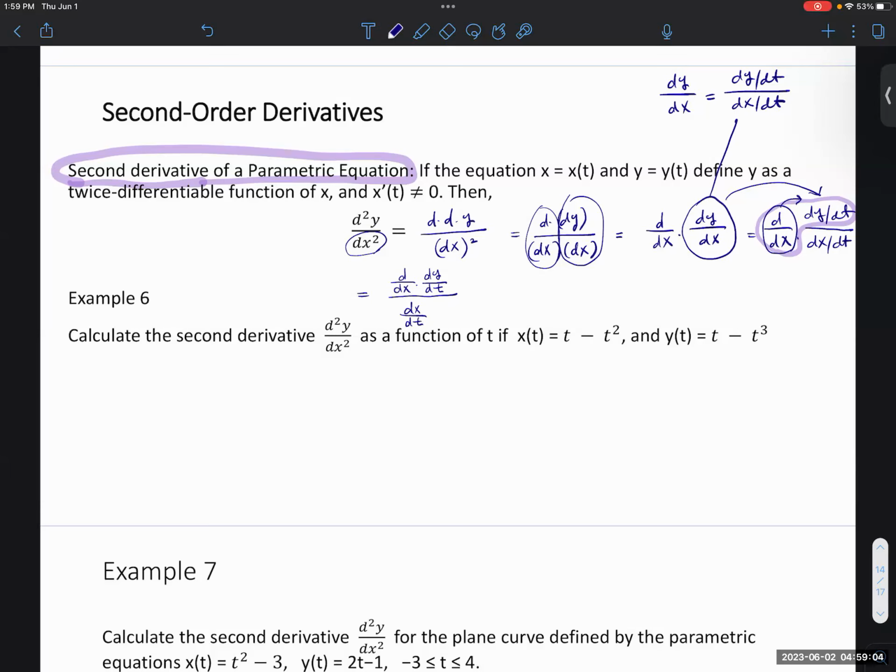Okay, so mathematically, what does it mean? You are taking the derivative of the x function, so this is x prime, and then this one, you take the y function derivative, and then you take one more derivative in terms of t. I think, yeah, we good, right?